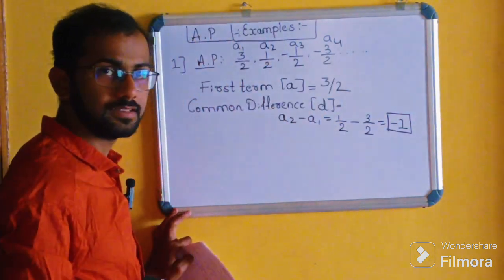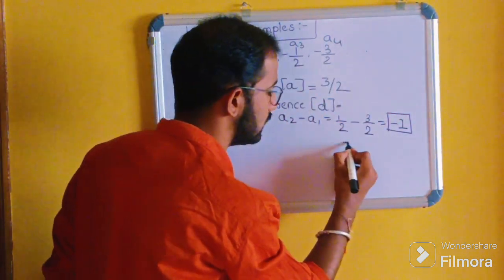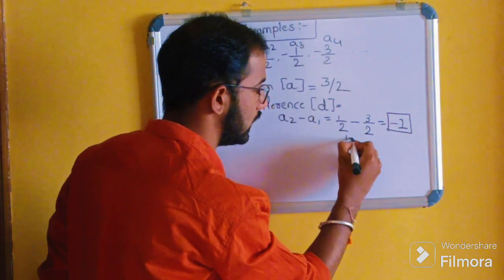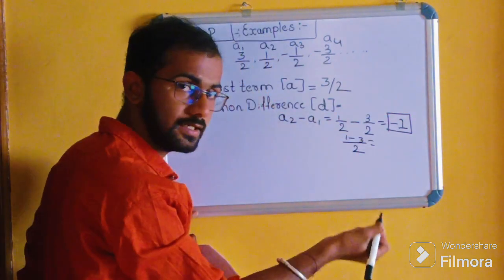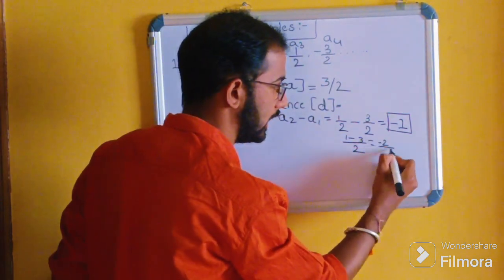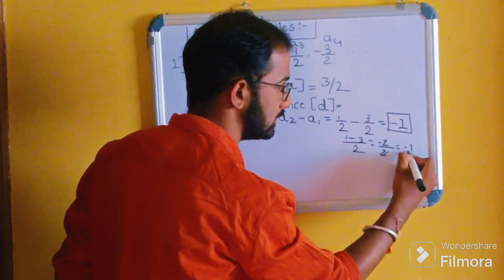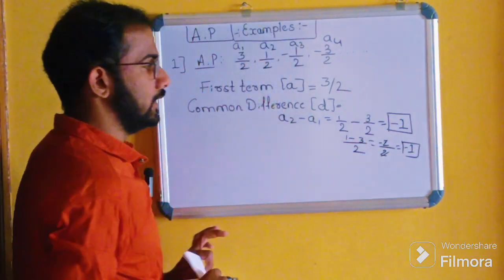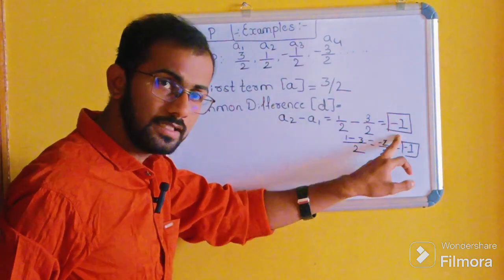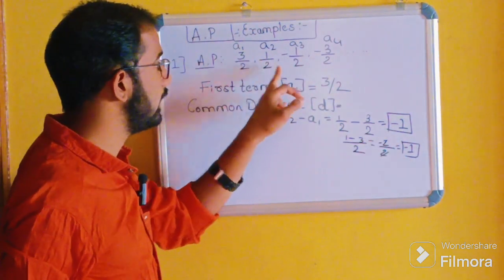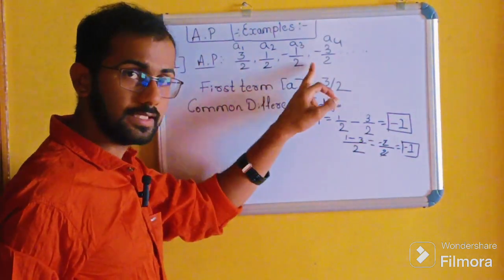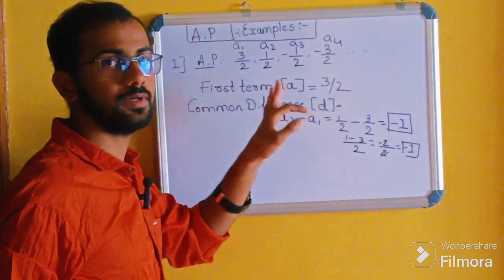How did we get this -1? If you take the LCM, it is 2. It is 1 minus 3, which is -2, divided by 2. This is -1. If this -1 is fixed between any two consecutive numbers, then this must be an arithmetic progression.